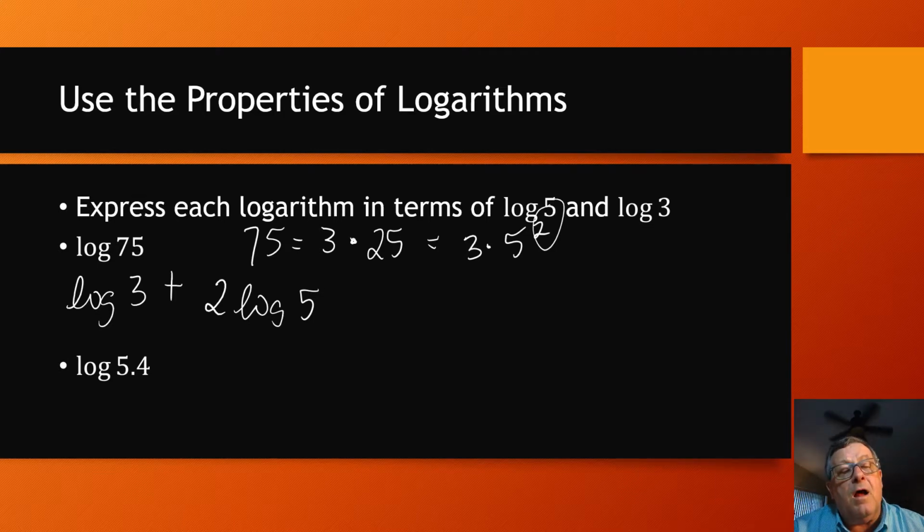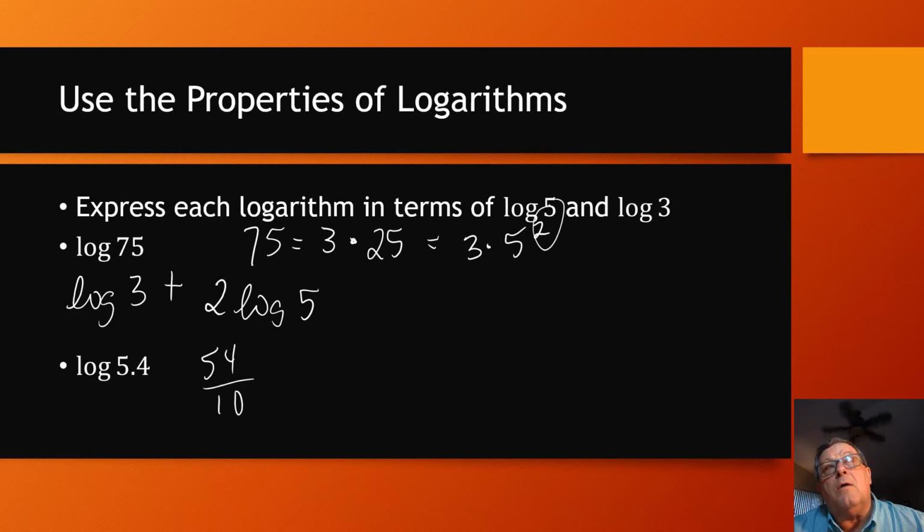Now let's see, log of 5.4, that's a little bit trickier. What should I do? Well, what if I express this 5.4 in fraction form? That would be 54 over 10, right? That's 5.4, isn't it? It is.